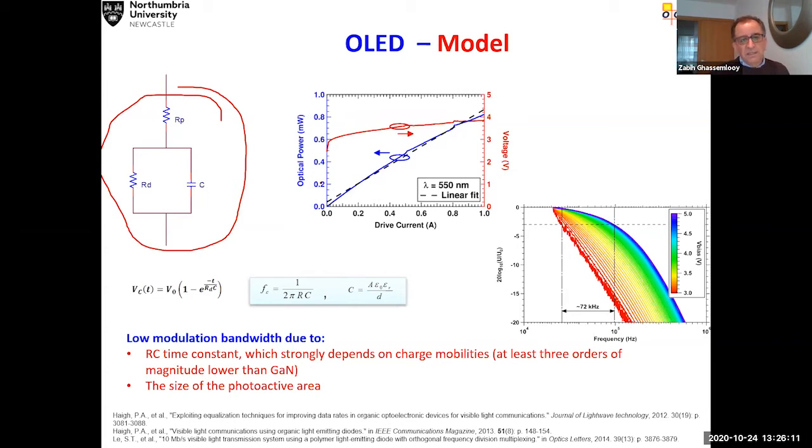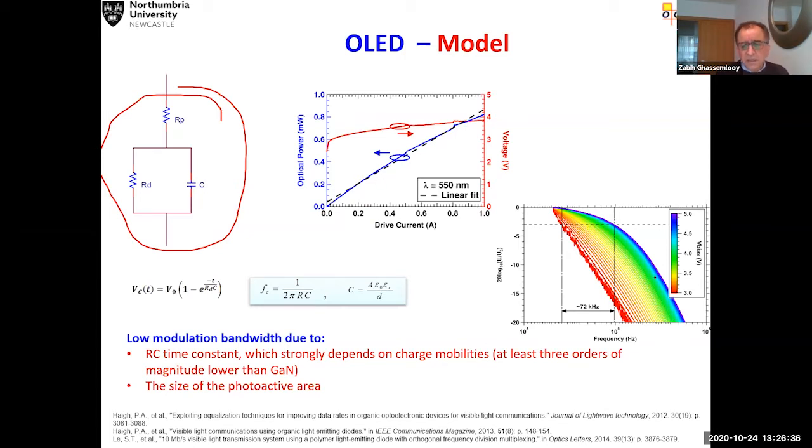Then we can do some measurements and look at the power versus the current which goes through the device, and see that optical power versus current is almost linear. It's quite linear over a very wide range of drive current, which is exactly what we want, because linearity is very important for us in some applications.